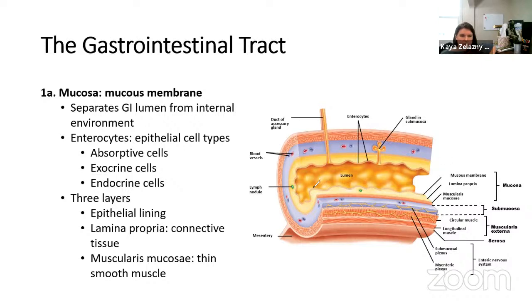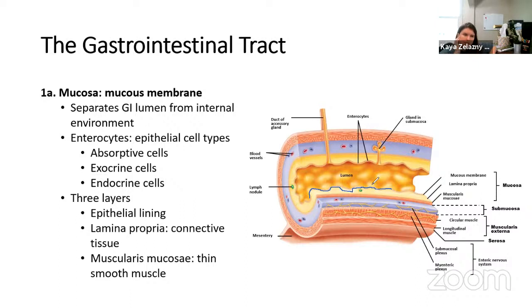The mucous membrane is the first layer of the mucosa, so I've numbered it 1A. These cells are our mucous membrane, this cell layer. These are all epithelial cells, so they're creating a physical barrier between the food in our GI tract and the contents of our body.